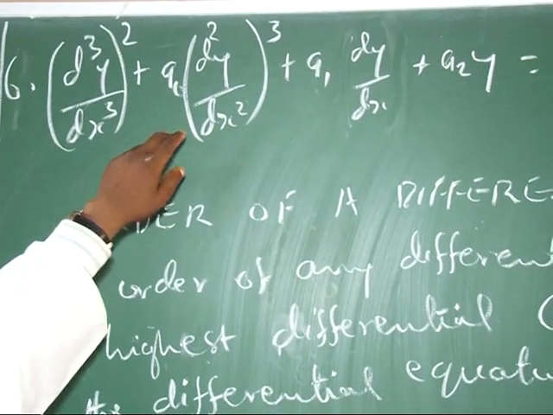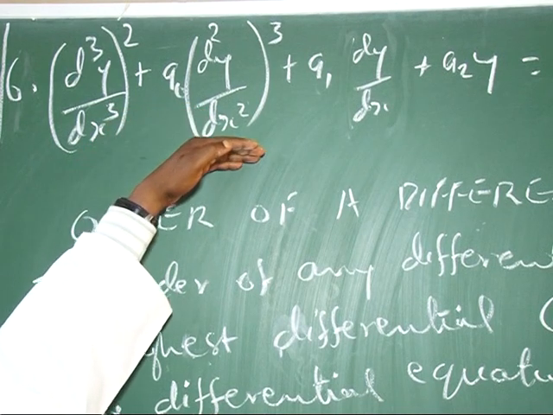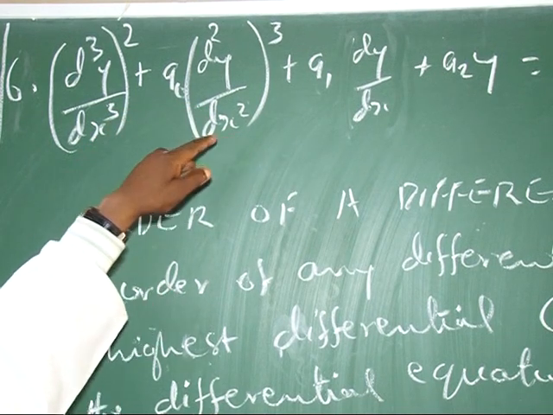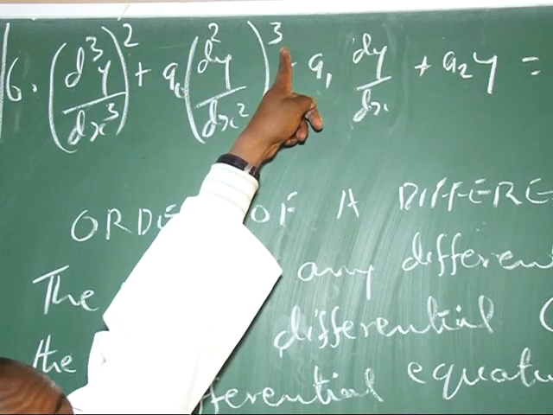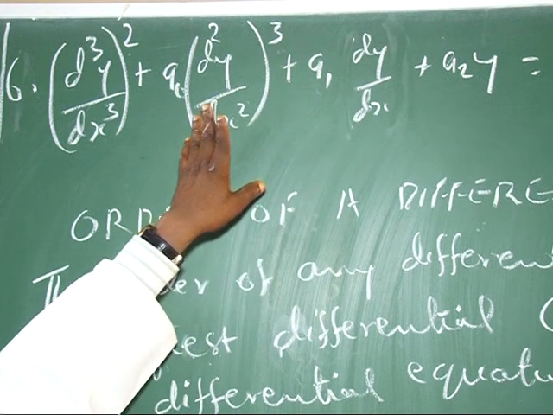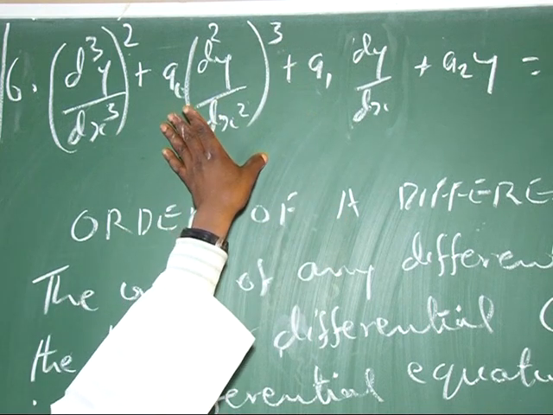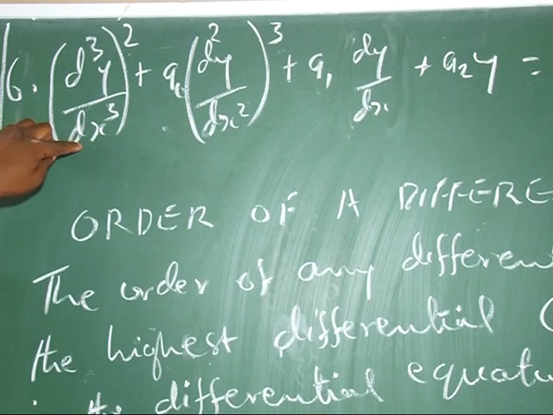Now see, this is a third order non-homogeneous differential equation of degree 2, not degree 3, because this 3 here is involved in a differential coefficient that is smaller than this one. Is it?